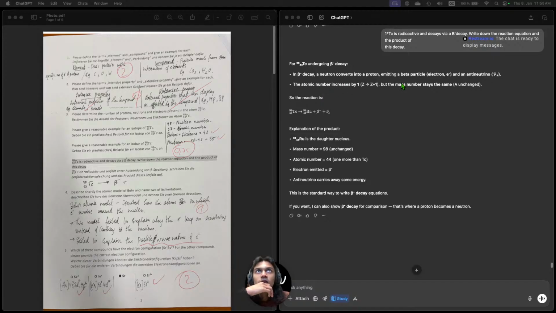Beta decay. A neutron converts into a proton, emitting a beta particle and an anti-neutrino.